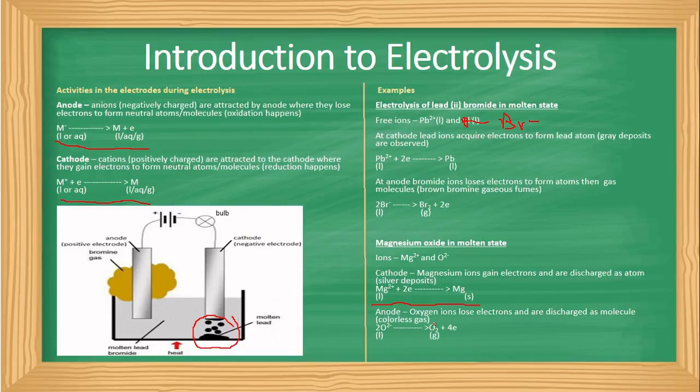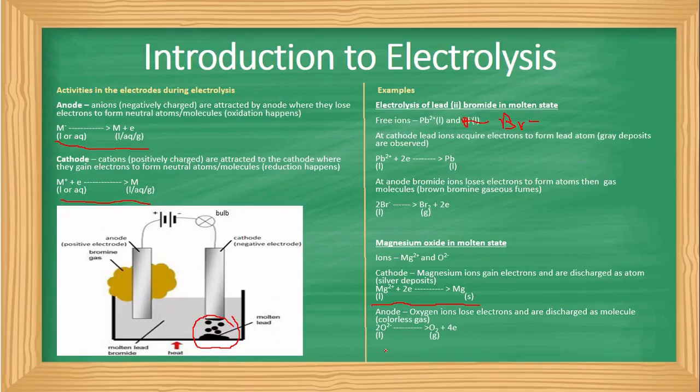Because you want to form 2 atoms of oxygen, you must have two ions here, and once you have 2 ions here, that means it will be 4 electrons, because each ion has 2 minus as the charge. So that's what happens in electrolysis.